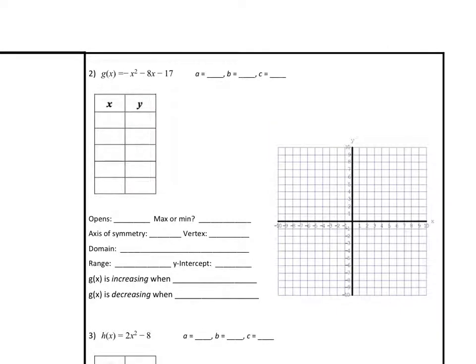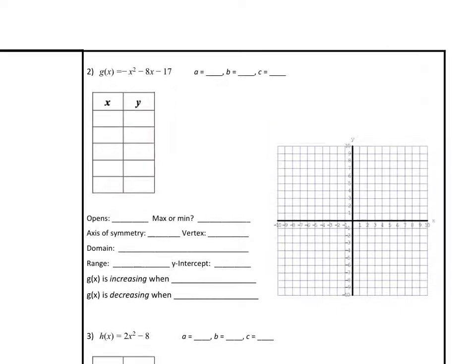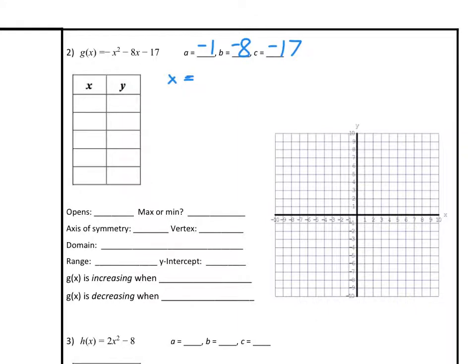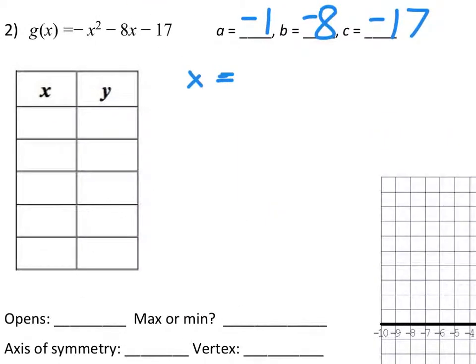Let's find a, b, c, and then we'll do the axis of symmetry and vertex. What's a? -1. What's b? -8. And c? -17. So x equals negative b over 2a. b right now is negative, so you're going to change it to positive 8. So negative b over 2a.